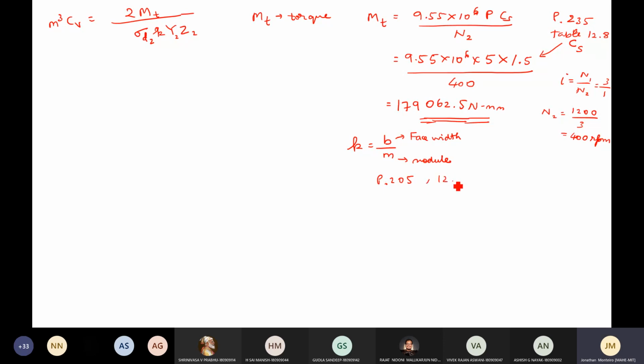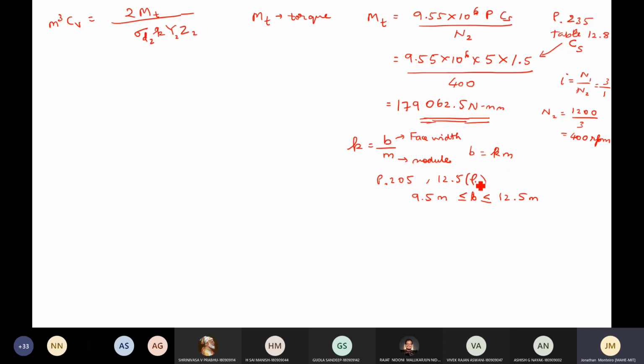The range is described to be 9.5 M to 12.5 M. In other words, K can take a value anywhere from 9.5 to 12.5, because it's written in one more form: B is equal to K into M. So K can take any value between 9.5 and 12.5.